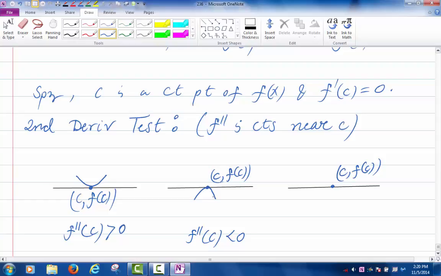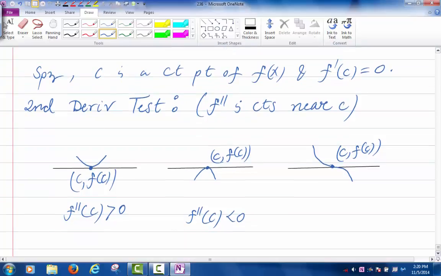But there is another possibility. The other possibility is that the graph looks like something like this. Okay? So at c, the tangent line is horizontal, but you have neither a local max nor a local min at c. So in the third picture, you have neither a local max nor a local min at c. Am I making sense?